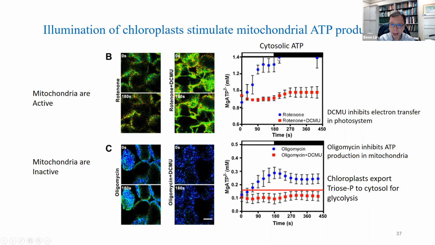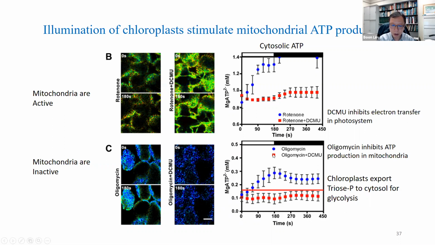And this is light dependent, because if we also added DCMU, which inhibits the electron transfer in the photosystem, then even if we illuminate the seedlings, there is no increase in the cytosolic ATP. So this proves that illumination of chloroplast stimulates mitochondrial ATP production.